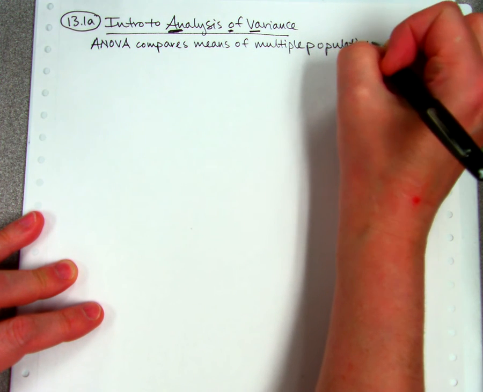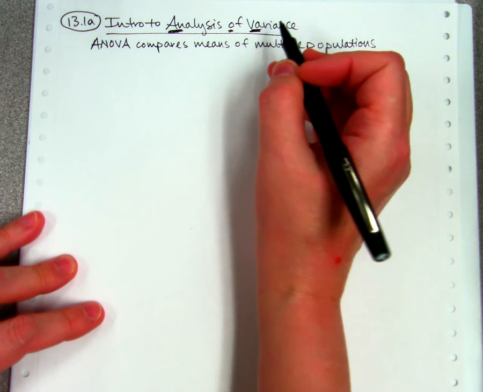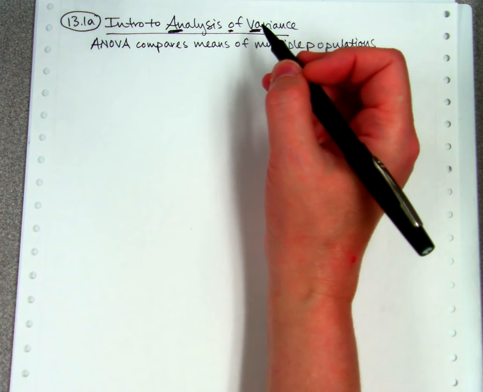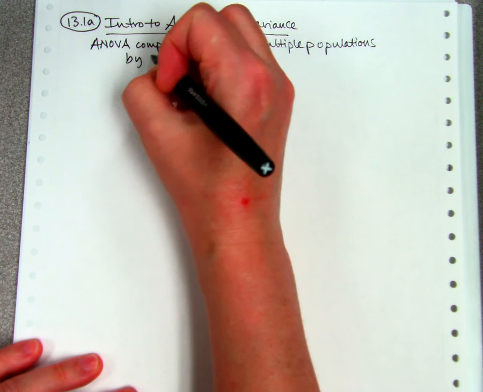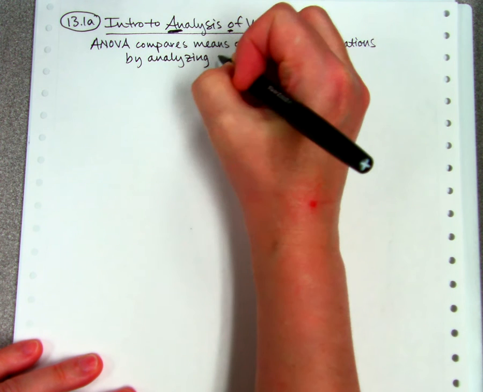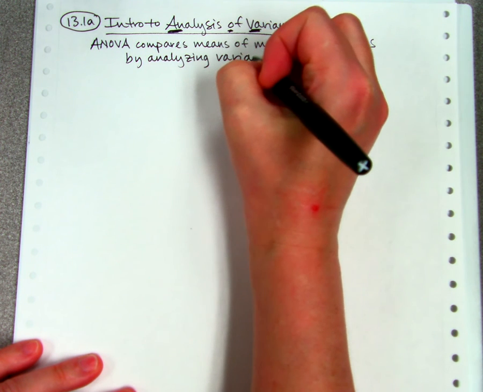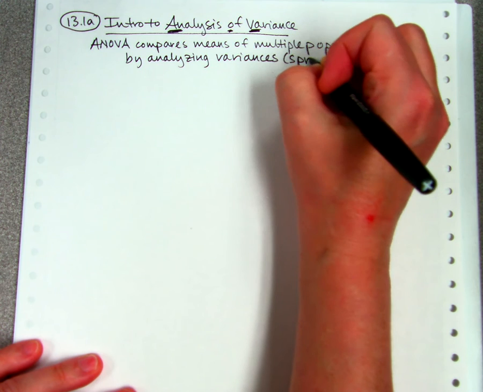Well, that's interesting because we're talking about the means, and yet it's called analysis of variance. Variance, remember, is a measure of spread. So it compares these means by analyzing variances, which is the standard deviation squared, or a measure of spread.